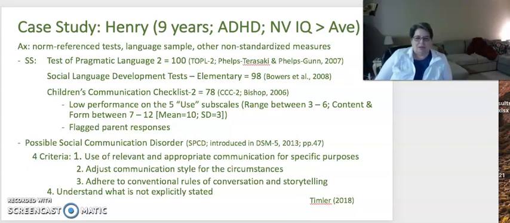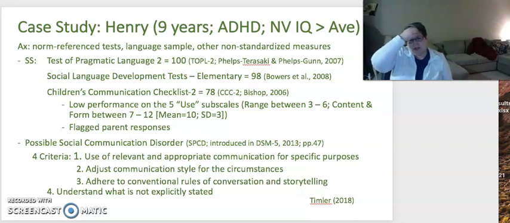So of these subscales, the concerns for this child, for Henry, are related to use, whereas the standardized tests for pragmatics were within normal range. This parent report measure was considerably lower.